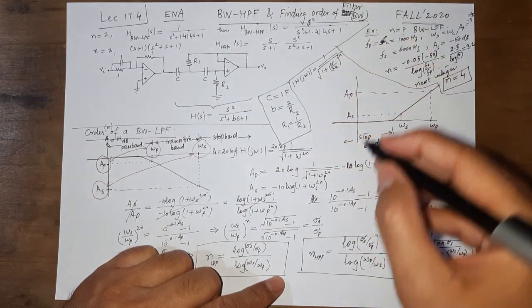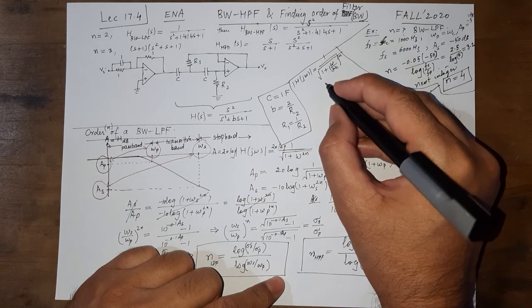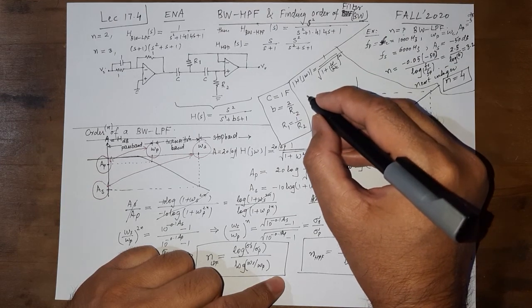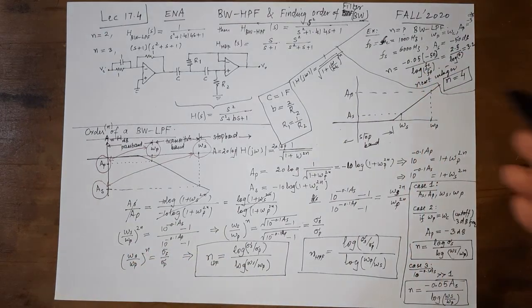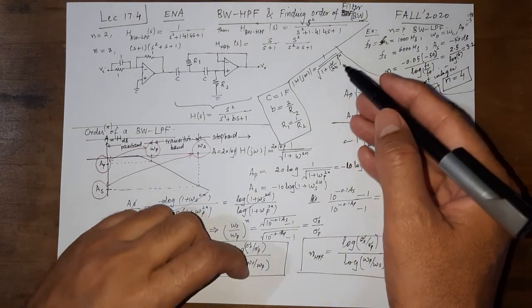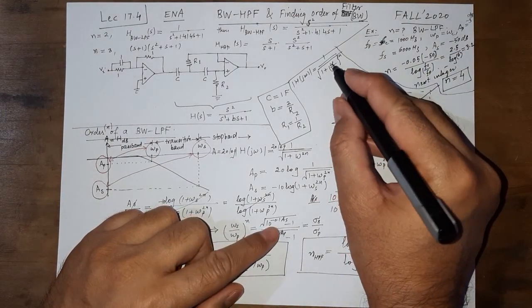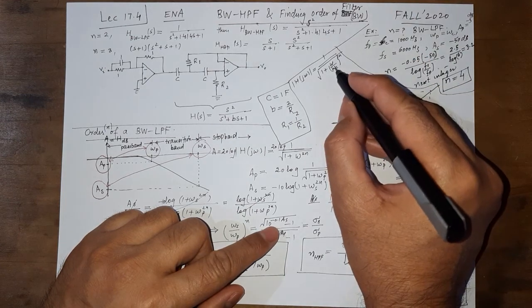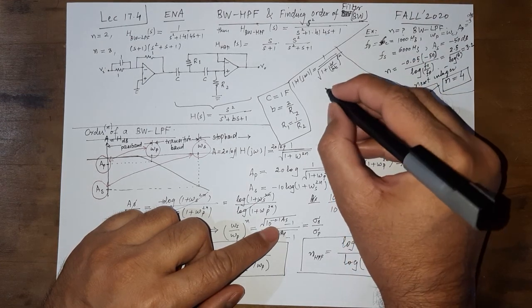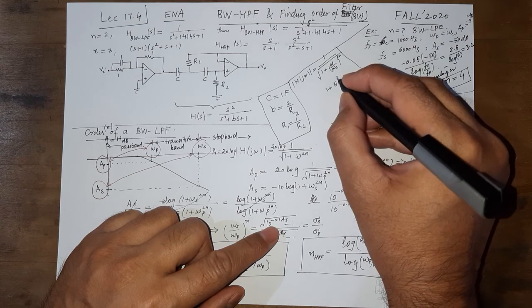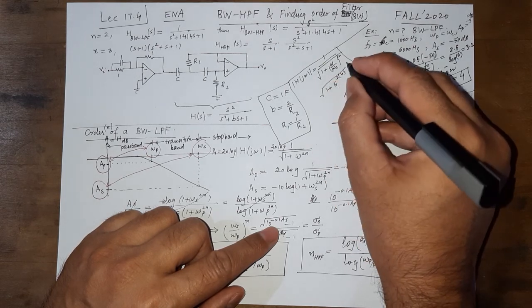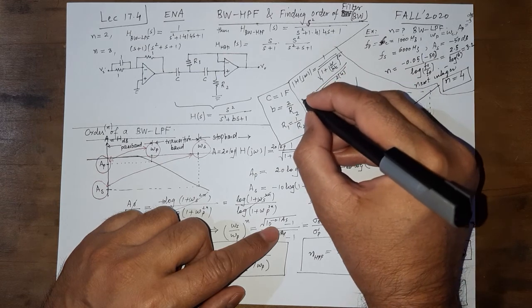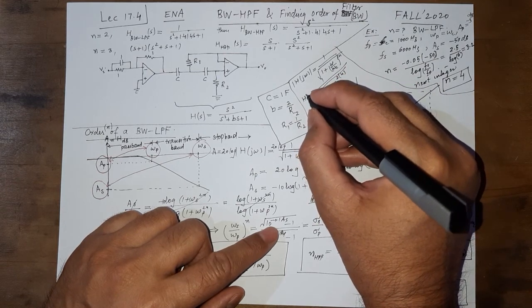So try to find this. For n equal to 4, and this ratio at 6000 and 1000, we will get 6. So 1 plus 6 to the power 2 times 4, square root, is going to give us this thing.